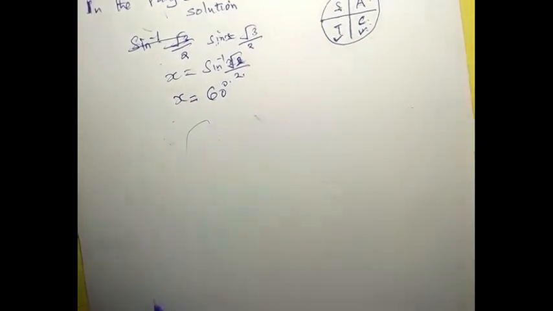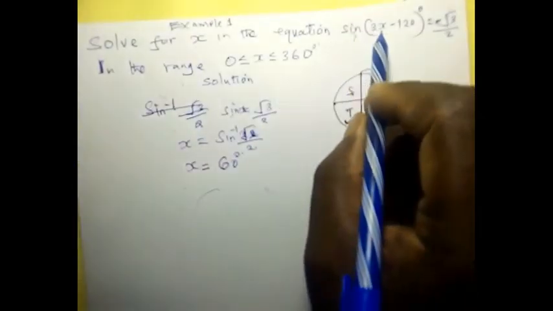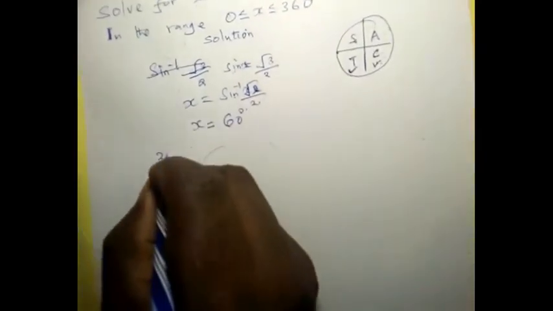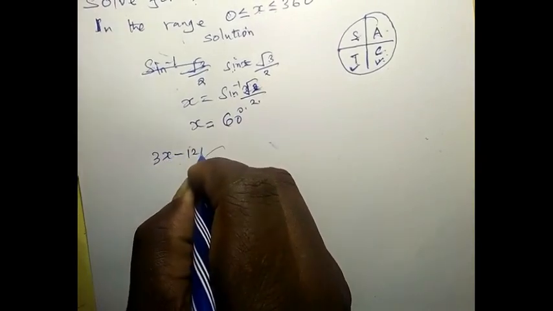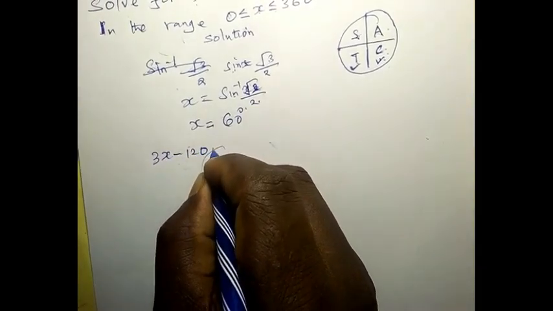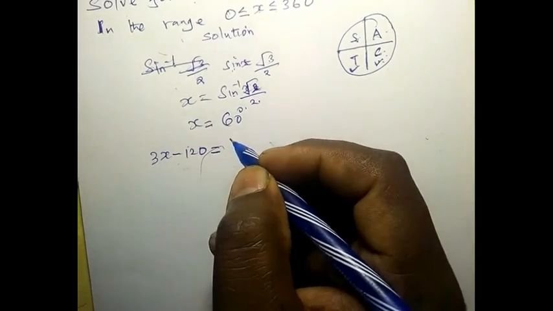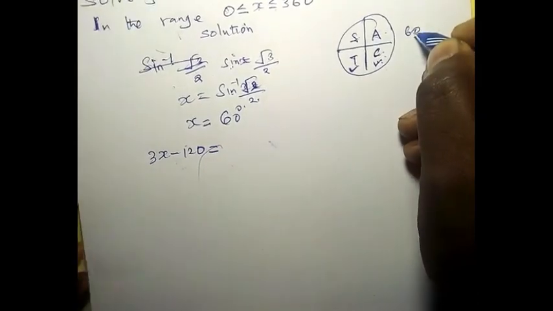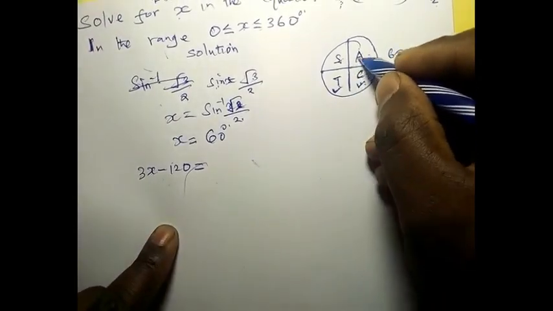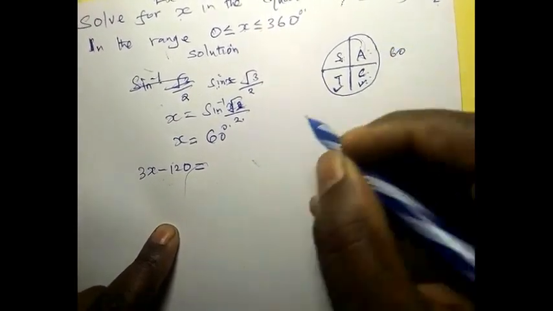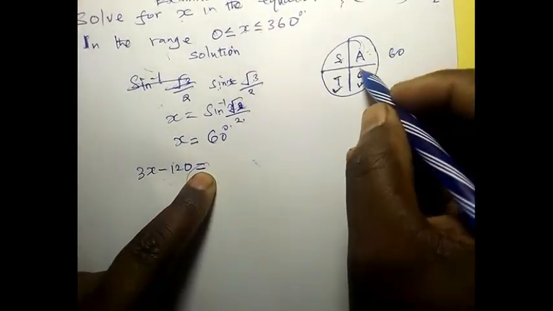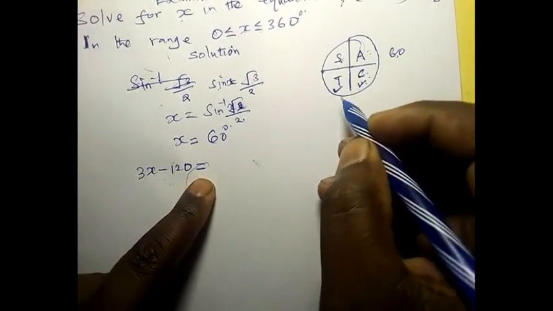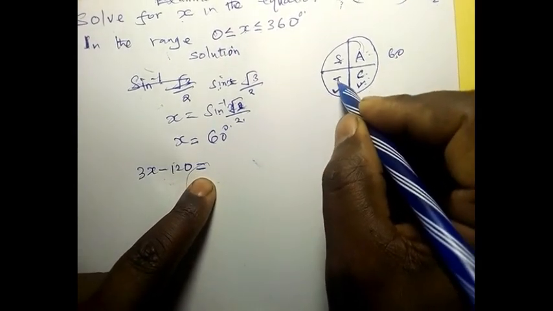So now we have 3x minus 120 equal to... remember now we have 60, right? 60 is here, inside here. So this 60 is our theta. We want the angle here.